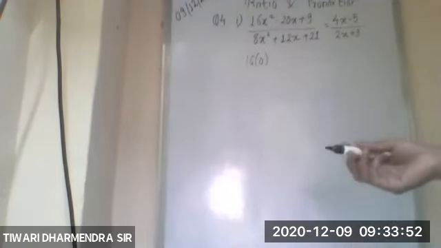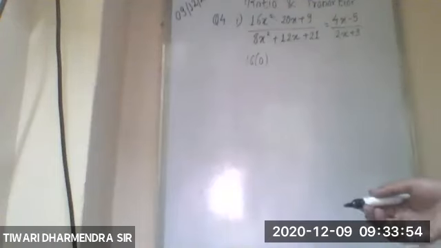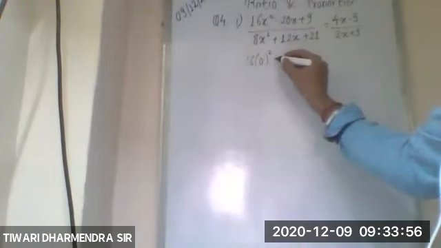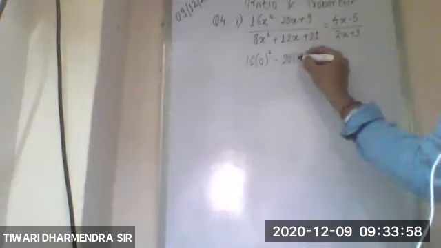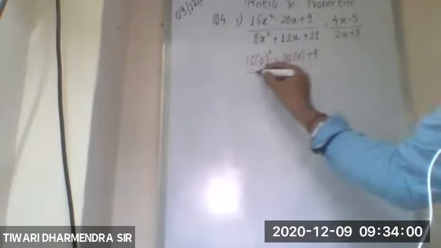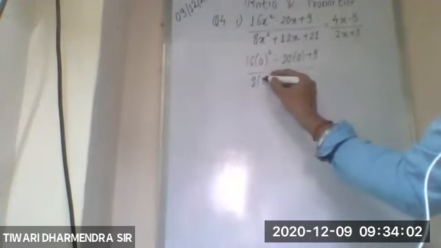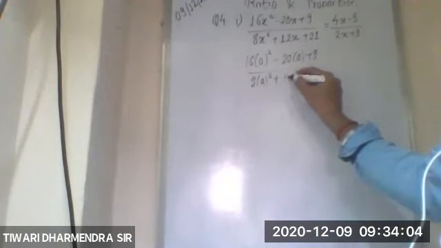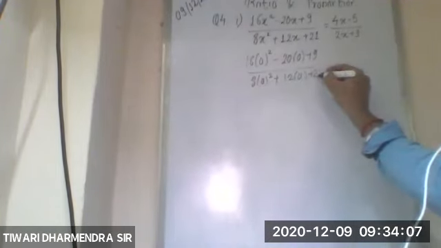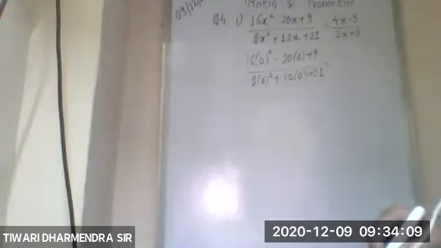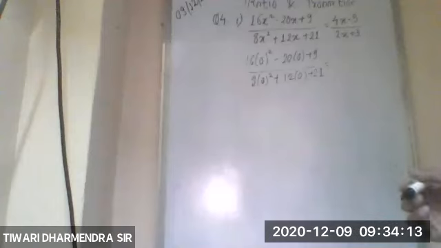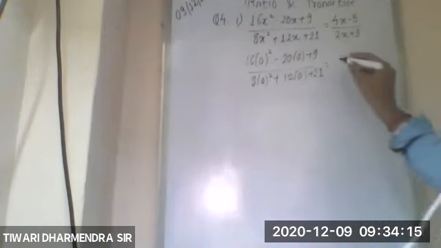But if the condition is satisfied, you can't use it. So 16 into 0 square minus 20 into 0 plus 9 divided by 8 into 0 square plus 12 into 0 plus 21. We are checking whether 0 is one of the solutions for the given equation, or whether the value of x is 0 or not.